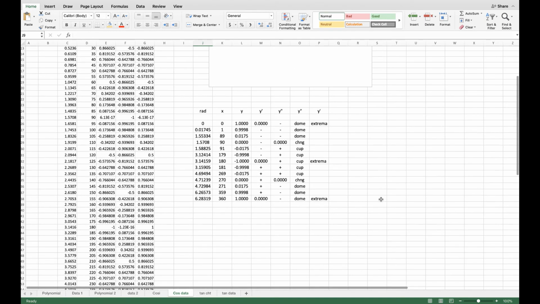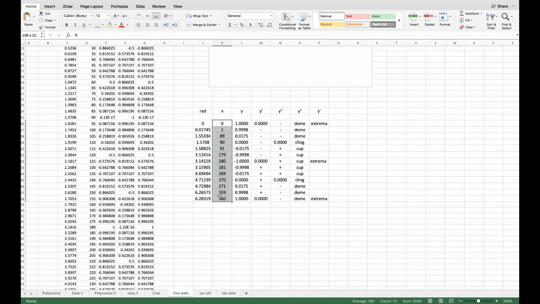Now I set up a table where I plotted the x-axis in terms of degrees, where the zeros are for the cosine function, where the zeros are for the derivative minus sine, and the negatives and positives for the second derivative, which is the negative cosine.